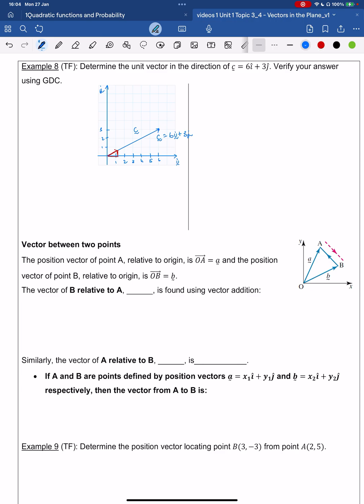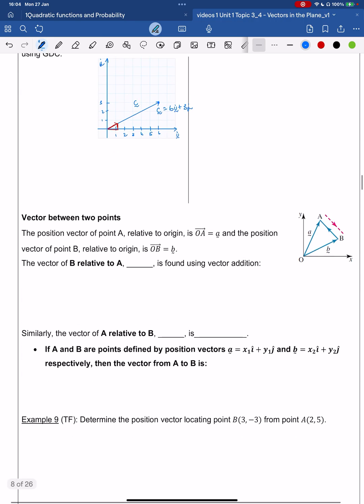Now the way we do that is we are going to use the magnitude of the vector that we've been given and work with that to find our unit vector. Now remember, the magnitude of our vector c is just the square root of x squared plus y squared, where my x component is 6 and my y component is 3.